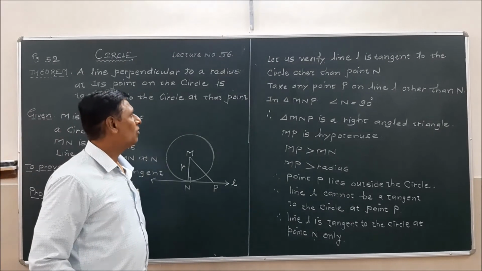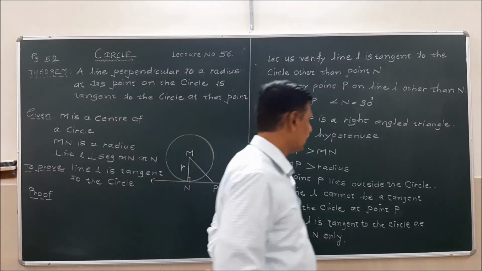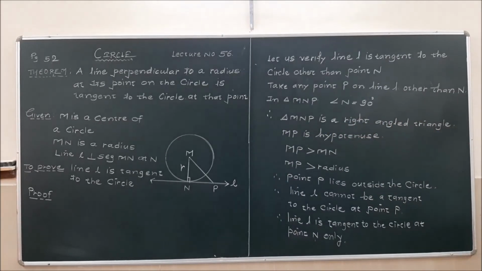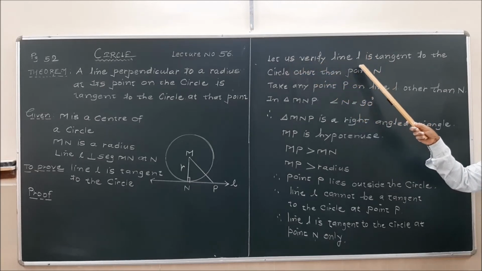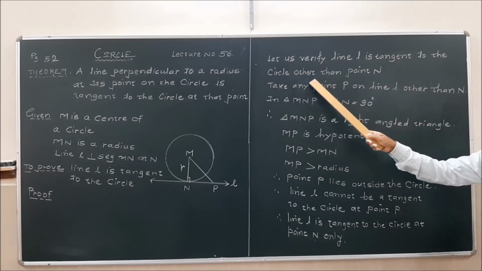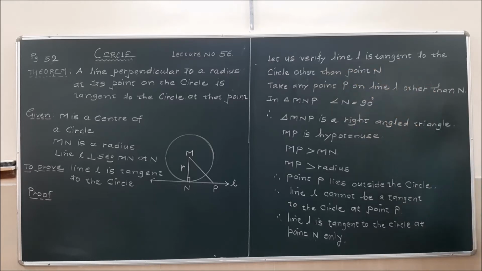Now let us verify. To get a complete view, please look here. Let us verify whether line L is tangent to the circle at a point other than N. Whether it is possible to have line L tangent to the circle other than at point N. N has the special property of making an angle of 90 degrees with the radius.